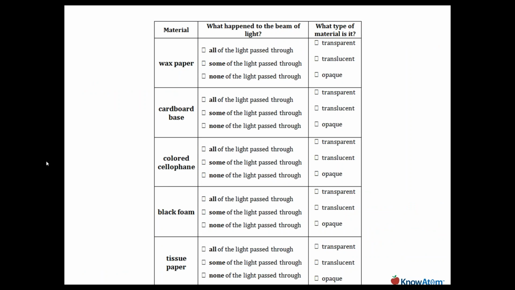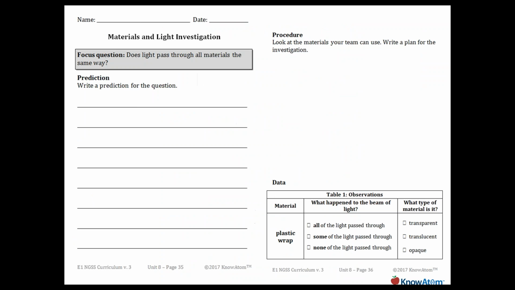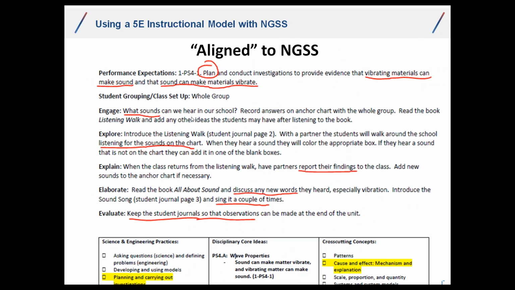I'm not going to have enough time to get into all of that, but what I had referenced earlier was that this is vastly different than what you saw here: walking around the school trying to hear noises, reading a book about noises, and singing a song about noises.